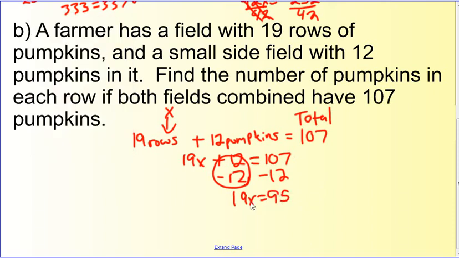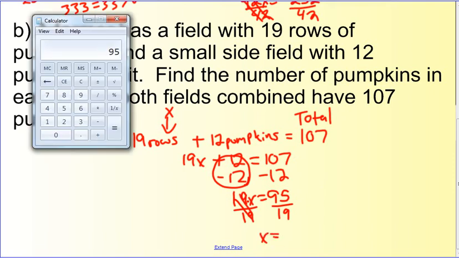And then we're going to divide both sides by 19 because that's how you get rid of a multiply by 19. Divide, cancel. x equals 95 divided by 19, which equals 5.